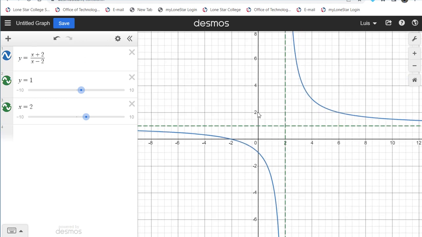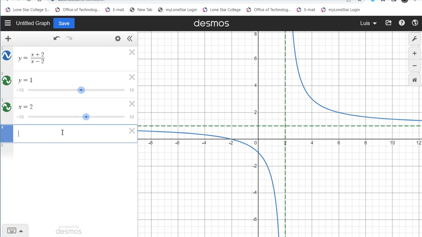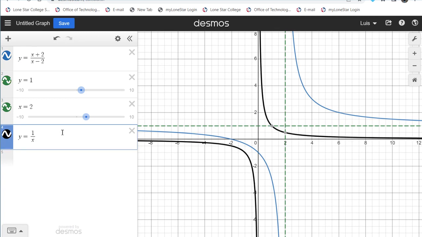Now, consider this though. If we look at transformations, then we can probably say, isn't this just the same graph as 1 over x? And it's just shifted to the right and up by 1 unit. And you would find that is completely true, essentially. It just depends on how much it was scaled by, for example.